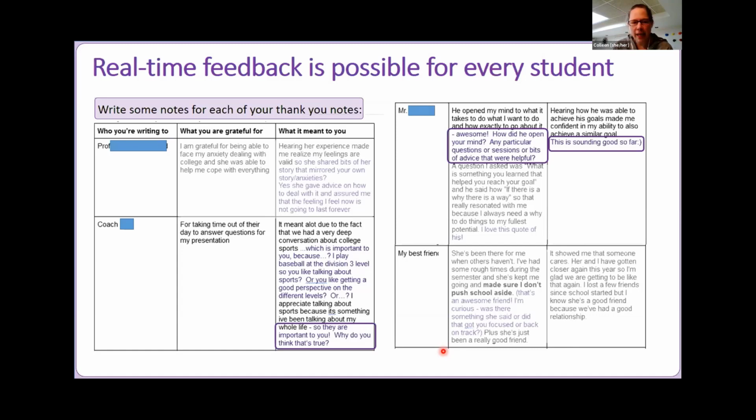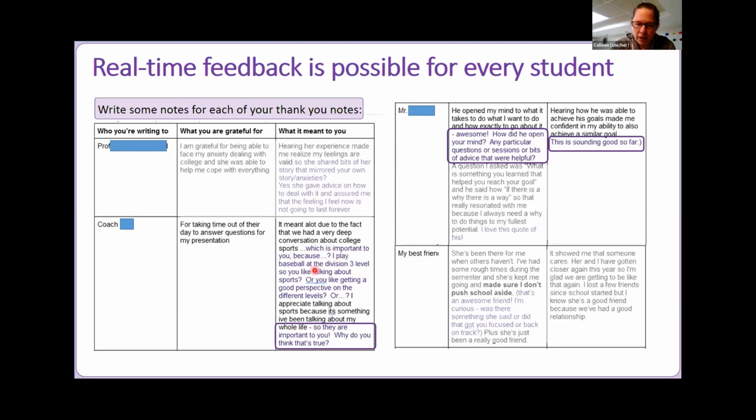And so in this case, each student had a couple of these rows where they were thinking about a specific person, and then they're talking about what that person meant to them, or what their conversation or their experience with that person was about. And so I'm able to ask, again, I'm in purple on the Google Doc in class, asking, okay, why is that important?